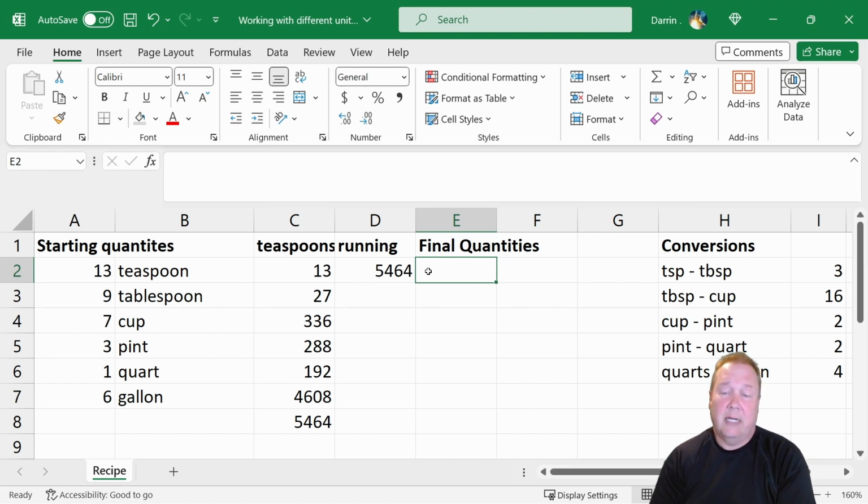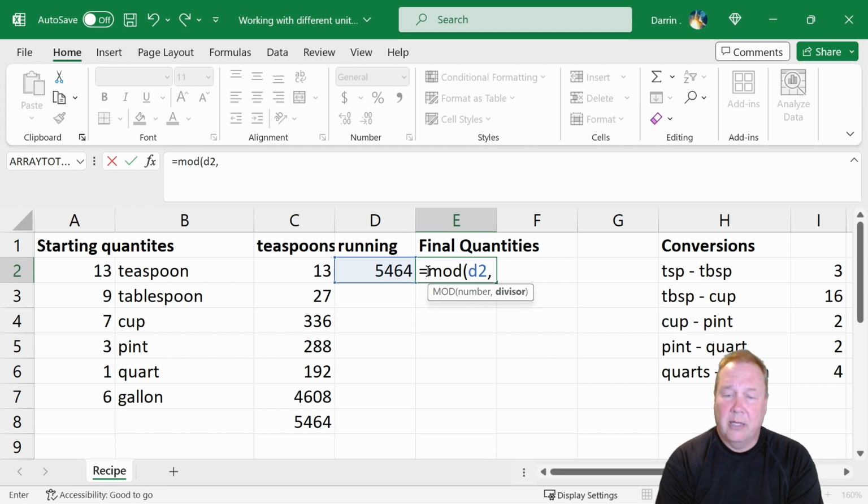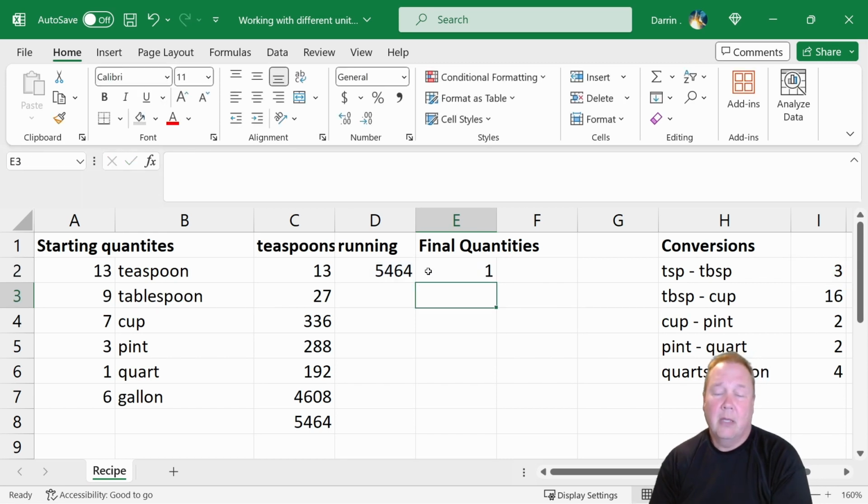For final quantities, what I need to do is subtract out how many teaspoons there are that aren't also part of tablespoons, if that makes sense. So that is the mod operator, which is for modulo, D2, and then the number of teaspoons in a tablespoon is I2, and that gives me 1.